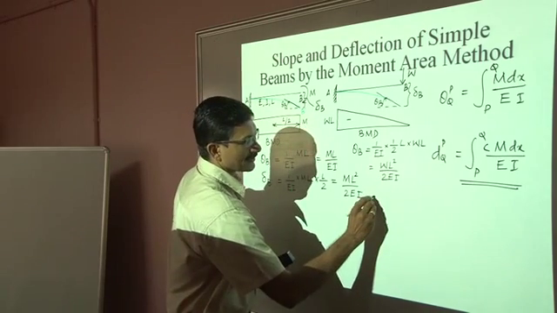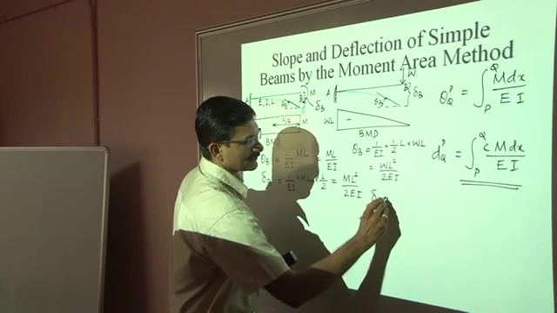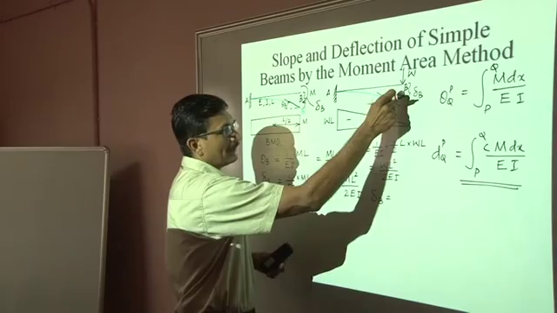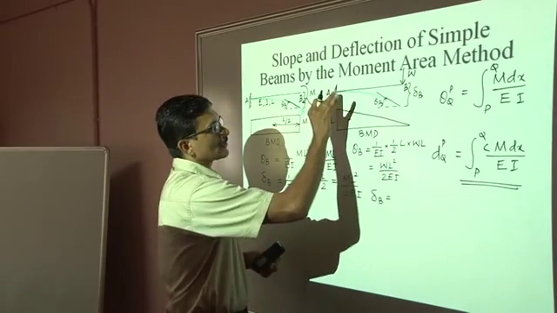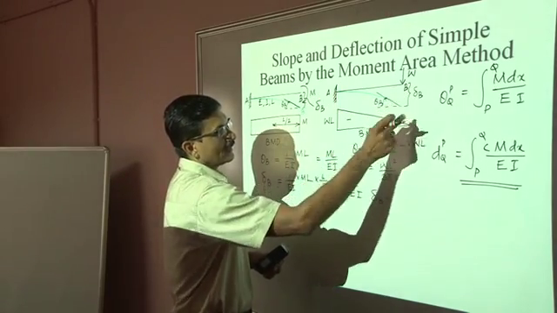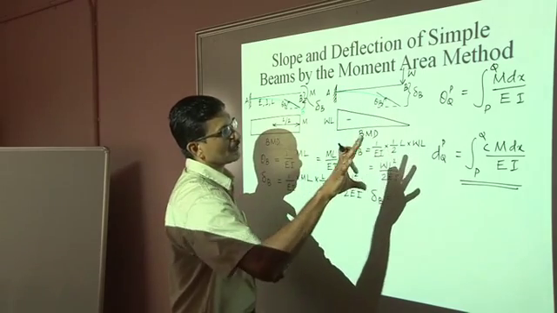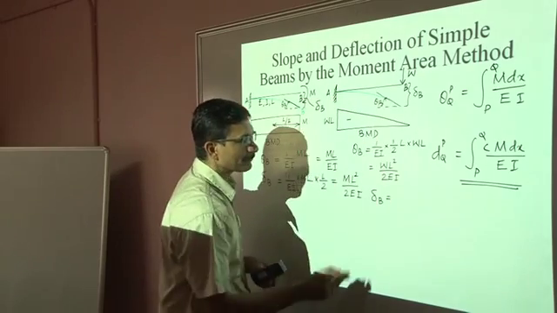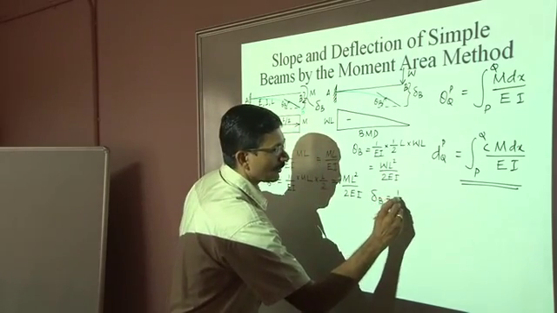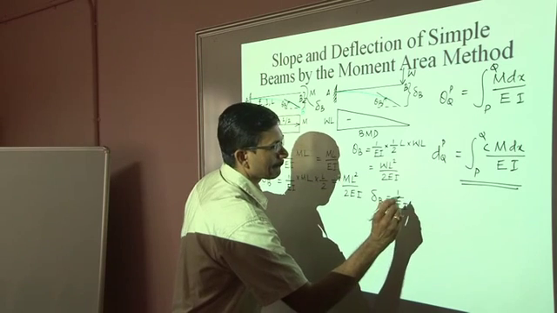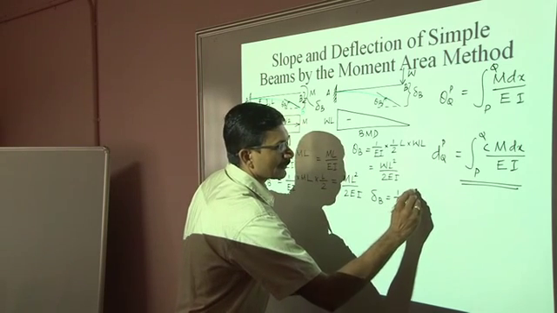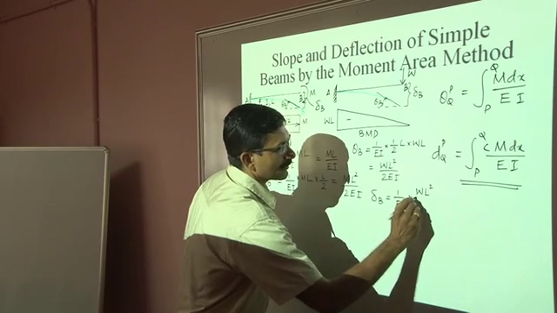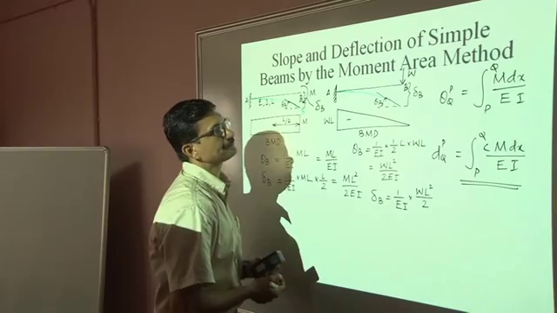Further, deflection delta B is equal to the moment of this BMD with respect to end B divided by EI, because the tangent drawn to point A is horizontal and the deviation of the tangent drawn to point B and point A will represent delta B. So delta B is equal to 1 by EI into W L into L, W L square divided by 2, that is the area of the BMD.